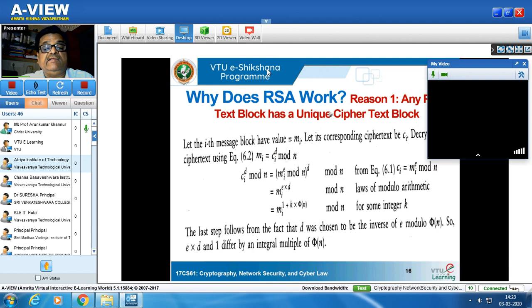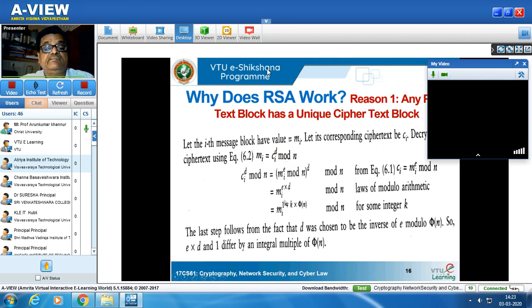Now we take the ciphertext ci that we have received at the receiver side. On that we apply the decryption algorithm and the mod n operation. Using the equation ci equals mi raised to the encryption E, mod n, we put in the value for ci.